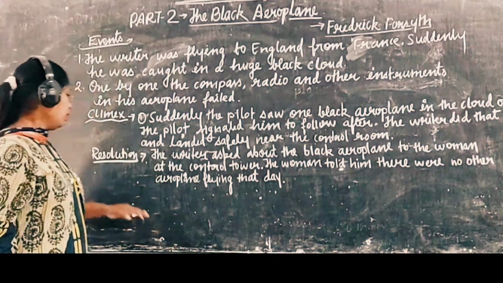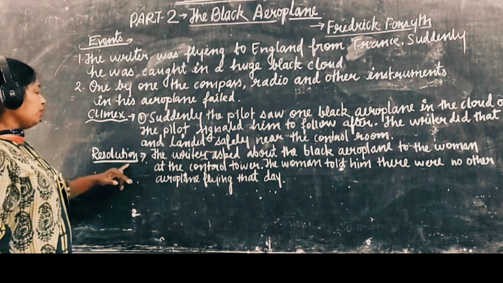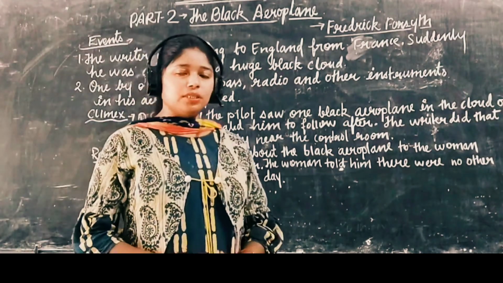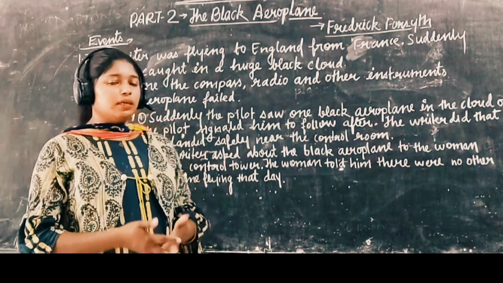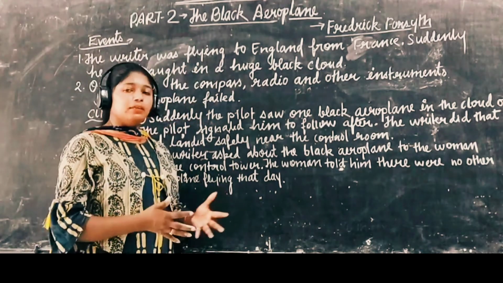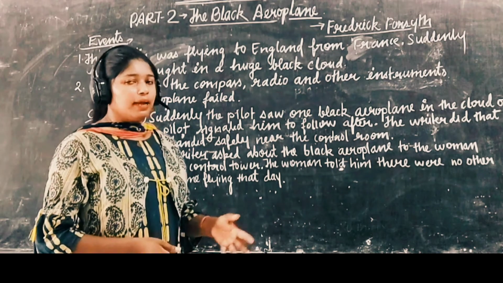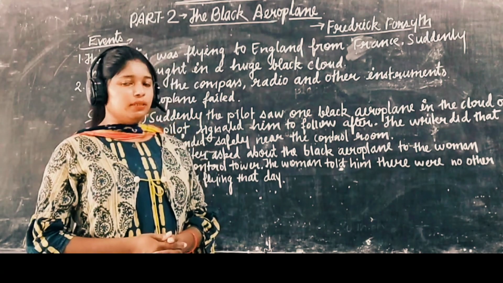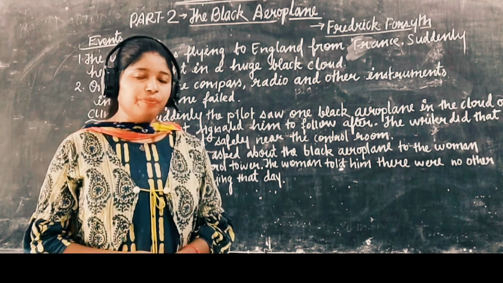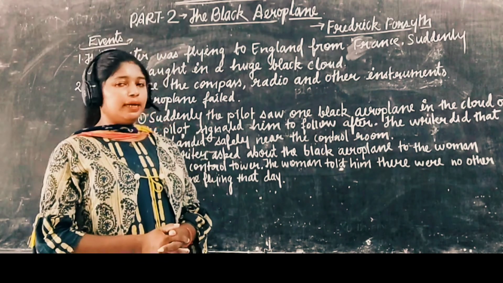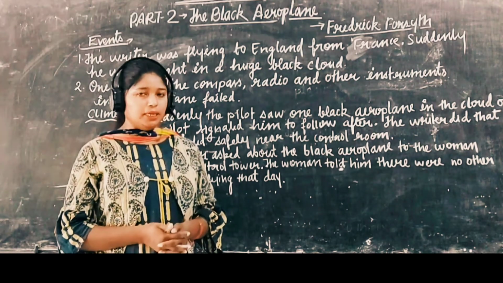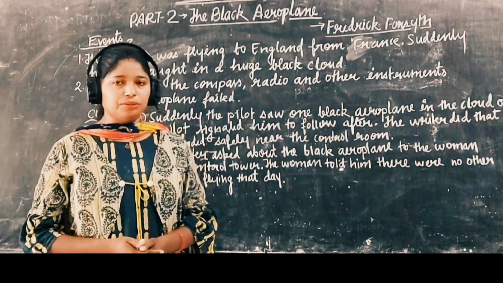Now you can see the resolution of this story. And what is the resolution? When he reached the control room, a lady was sitting there. He asked that lady about the aeroplane which helped him in that huge black cloud.